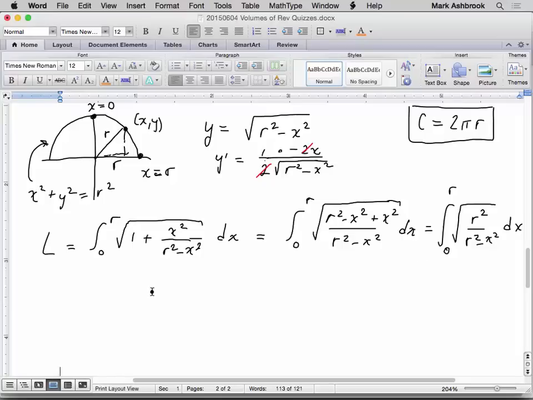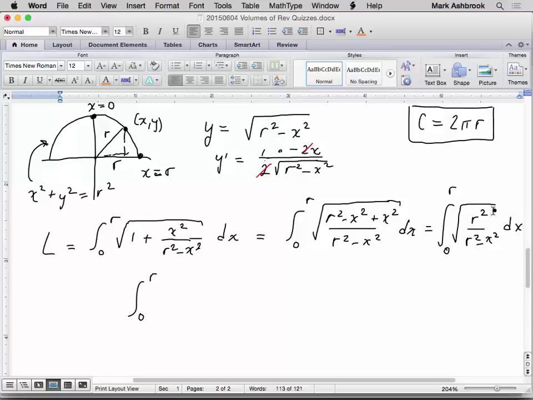So what do you notice in the numerator? We have the square root of r squared, which is just r. Okay, so we can do... okay, we actually don't want to do that, and I'll show you in a sec.